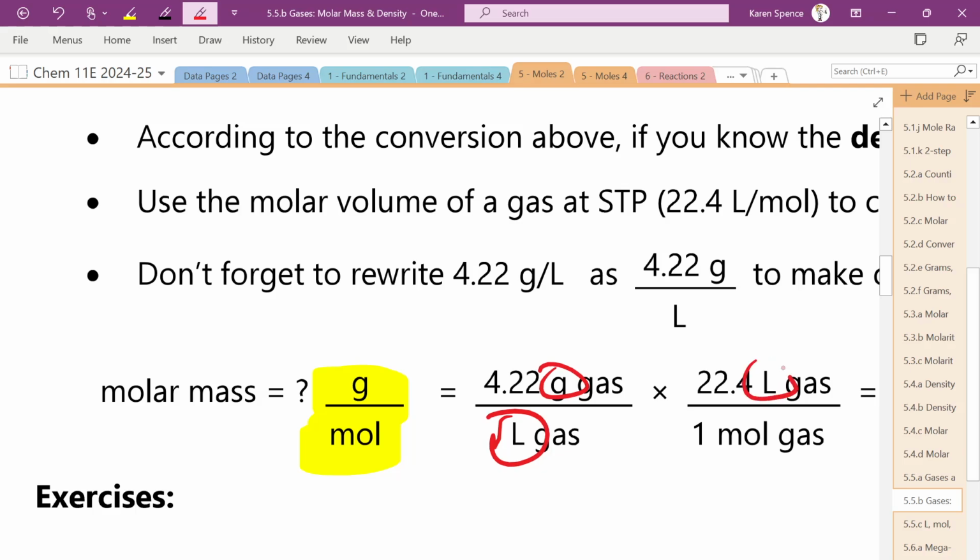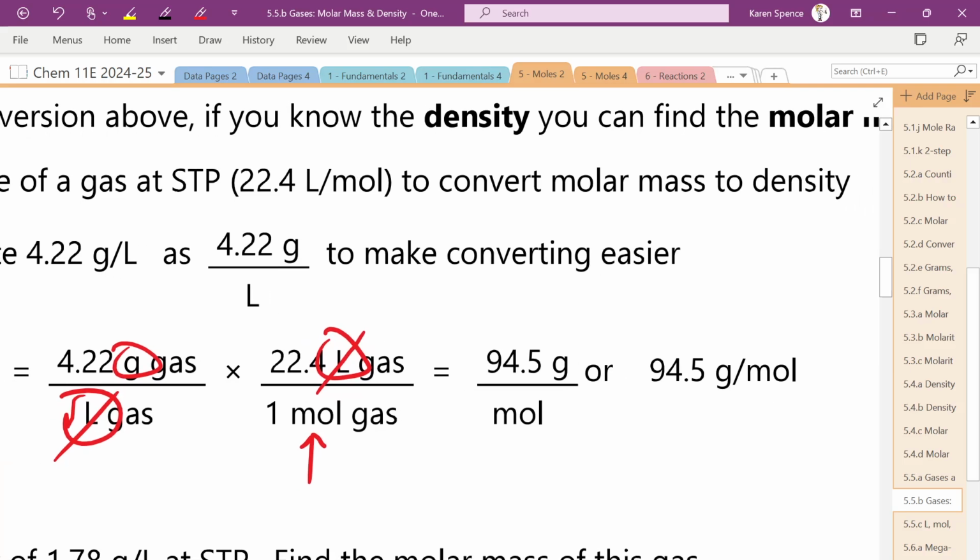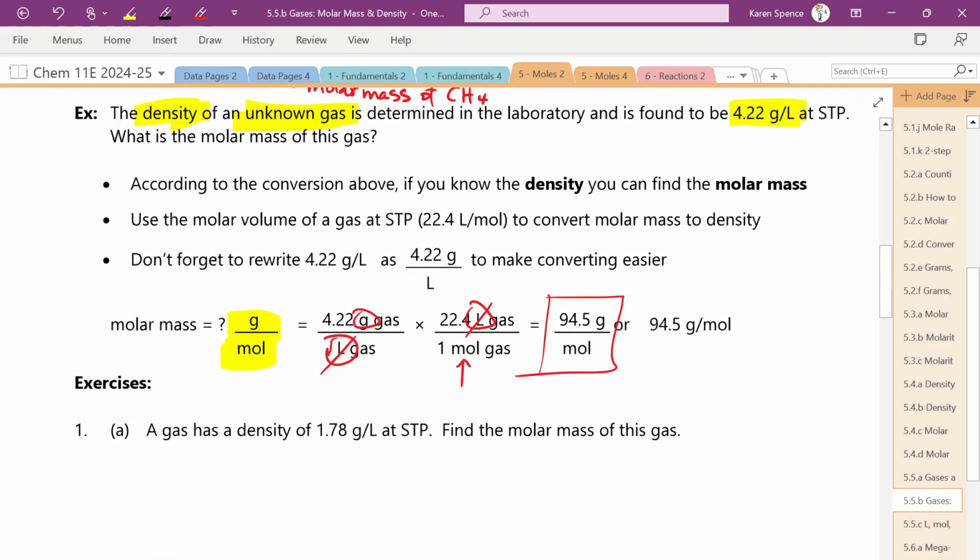So I need to cancel my liters and find my moles. Could I do this with anything other than a gas? No. Could I do it with anything other than a gas at STP? Not yet. We'll learn how to do it later for gases at other conditions, but for now, this is it. And so you would just cancel your liters and you would find your grams per mole, and there is your molar mass.